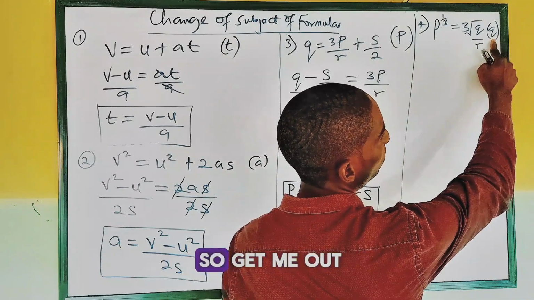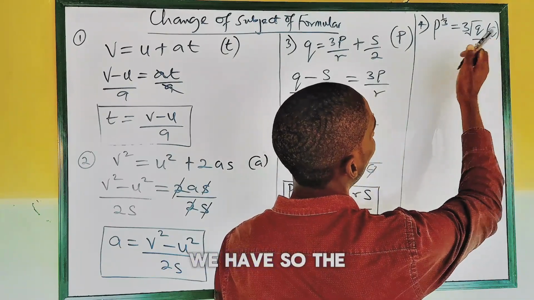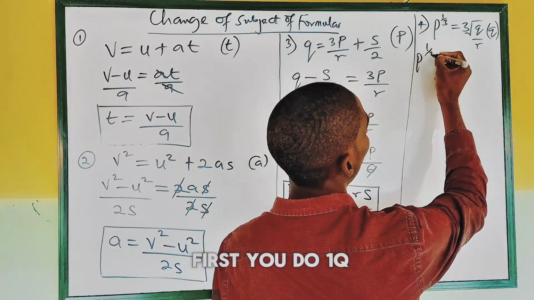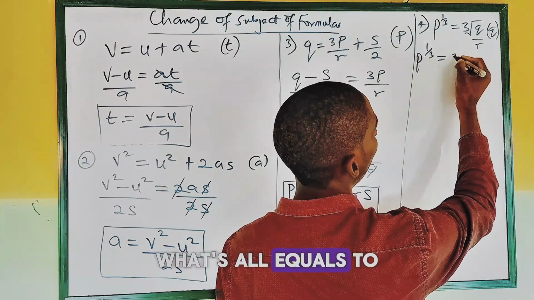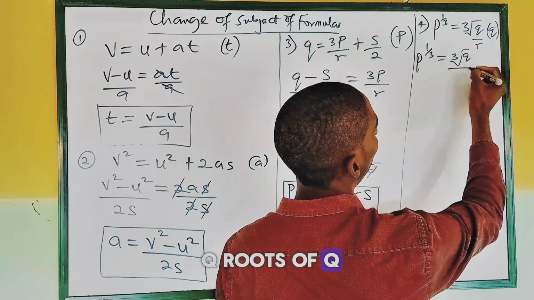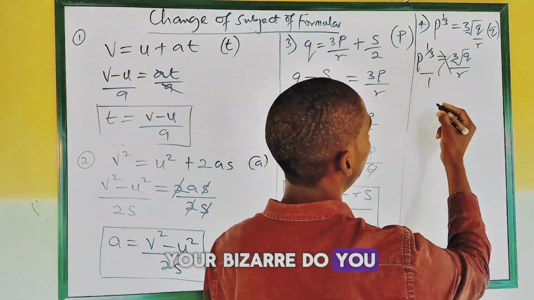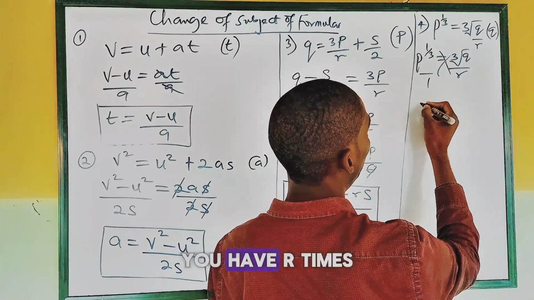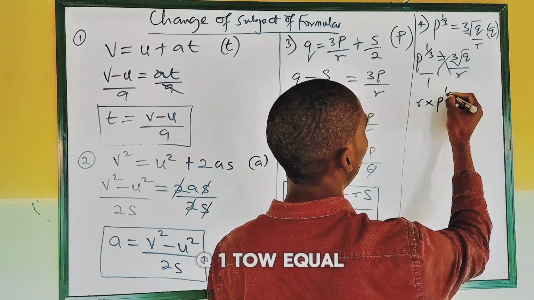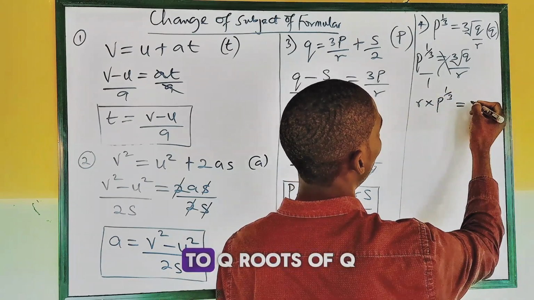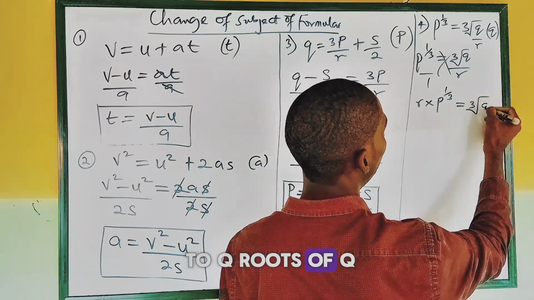Wanting to make Q subject, we have to get rid of this R. So the first thing you do, P to the power 1/3 equals cube root of Q over R. You cross multiply, so that I get rid of this R. When you cross multiply, you have R times P to the power 1/3 equal to cube root of Q.